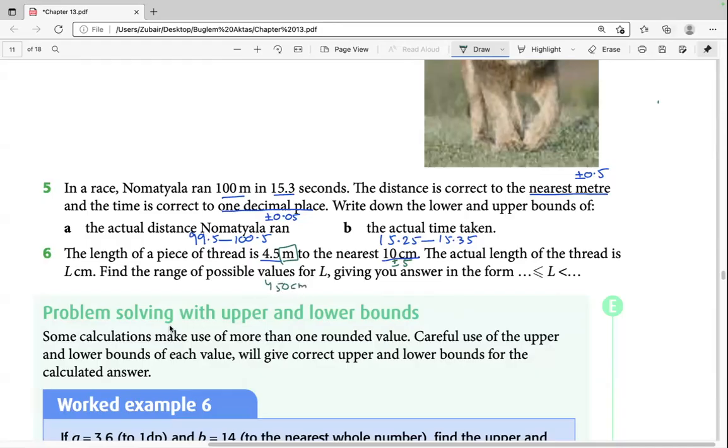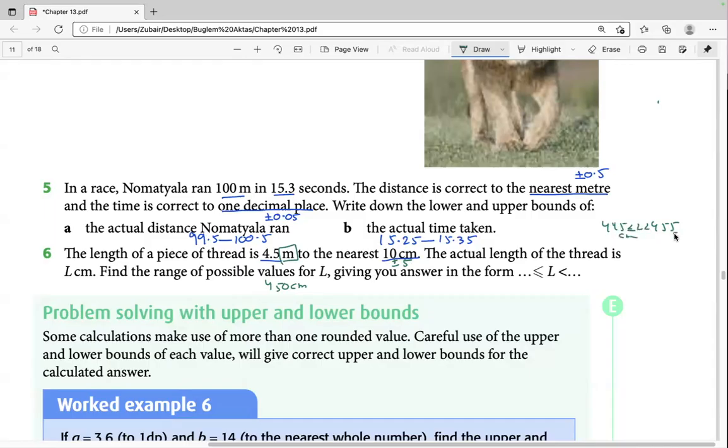Both ways are okay, it depends on your practice. So if it is 450 centimeters, we know the upper bound would be 455 and the lower would be 445, so 445 is less than or equal to L, which is less than 455.